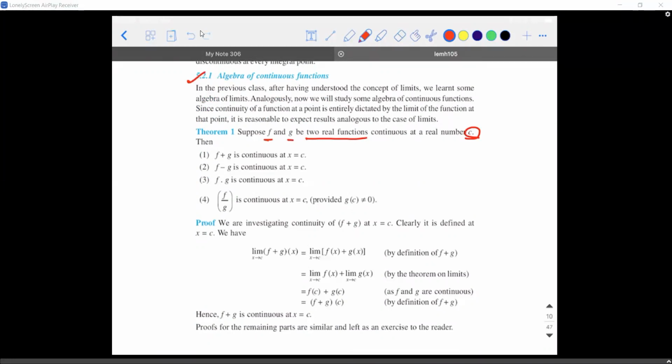What are the operations we can do? We can do addition, subtraction, multiplication, and division. So f plus g is also a continuous function, f minus g is also continuous, f into g is also continuous, and f by g is also continuous at x equal to c, provided g of c is not equal to 0.